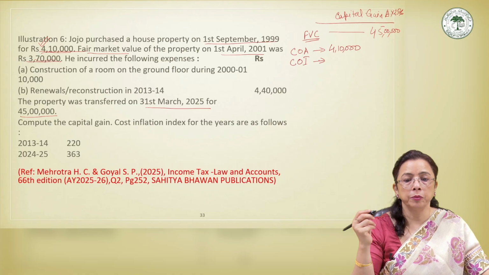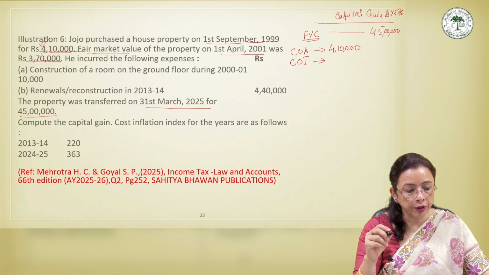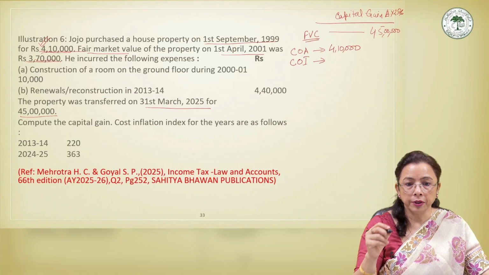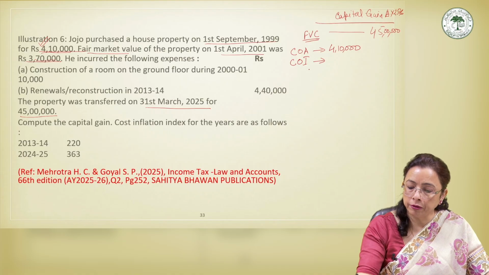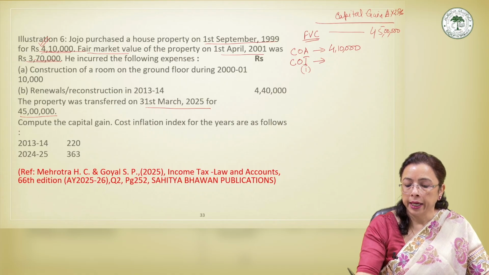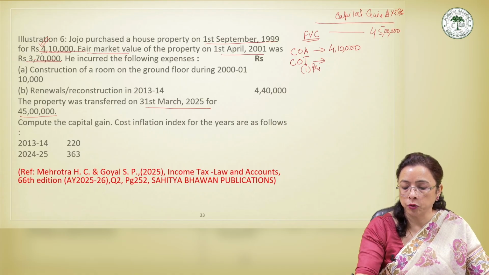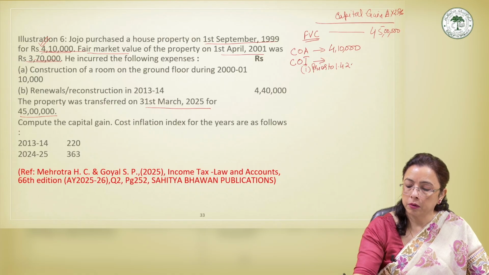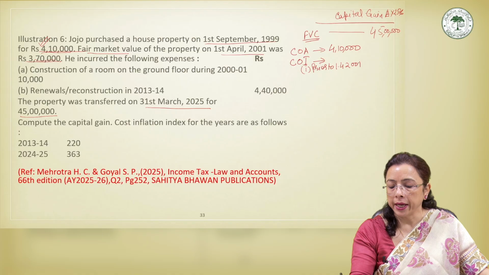Now, cost of improvement includes two figures. The first was during 2000-2001, that is rupees 10,000. The first point I would elaborate: any expenditure prior to 1st April 2001, prior to this date, will be taken as nil.